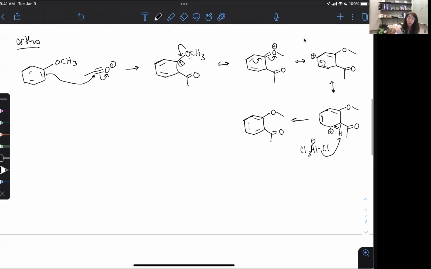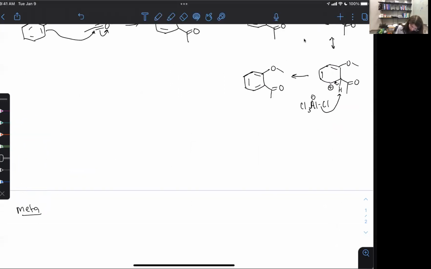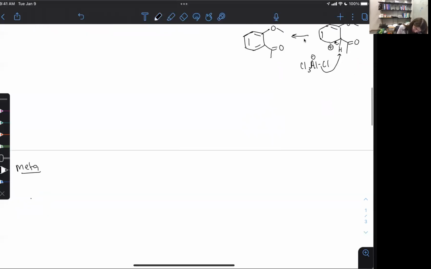To really determine whether that's a good thing or not, we need to do the rest. So let's go ahead and do the meta. I'm going to put it onto the next page because otherwise it'll be a mess. All right, we're going to go a little bit faster on this one because we're going to get more comfortable with those resonance structures.